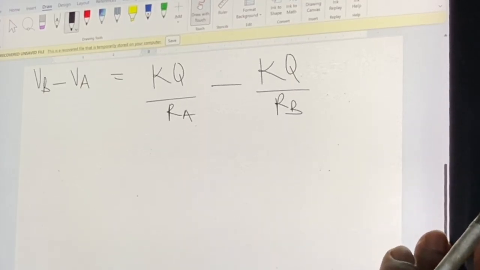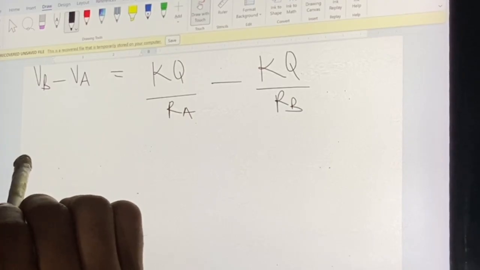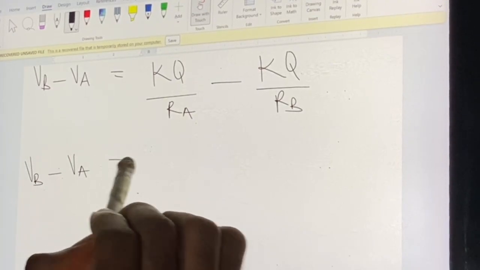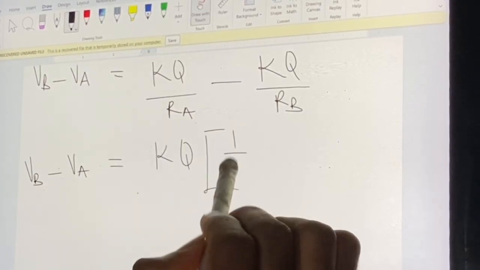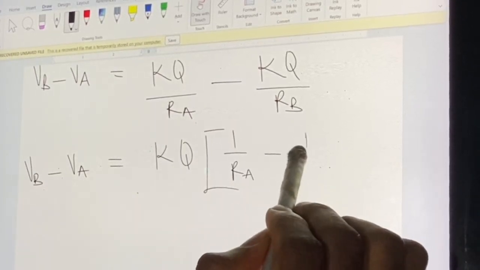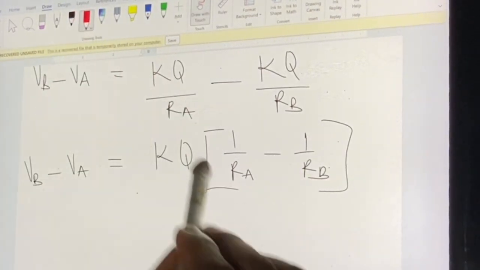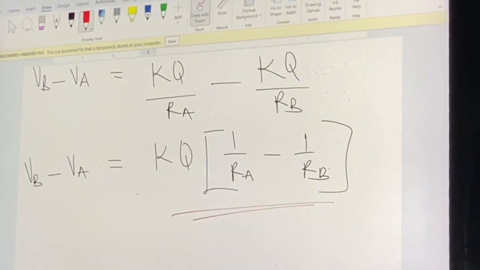So let's factorize here. When you factorize, we have VB minus VA equal to KQ into 1 over RA minus 1 over RB. This is the formula for potential difference when distance is given.